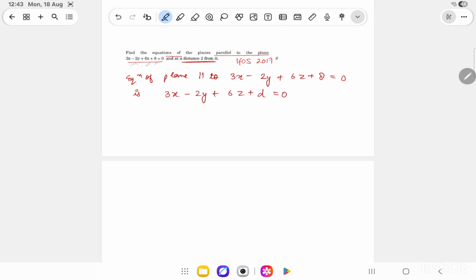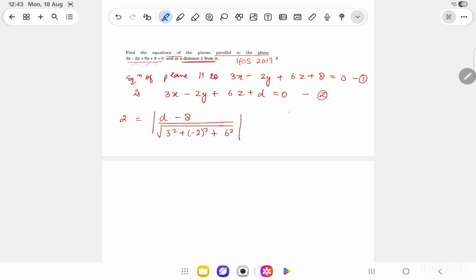It further says that the distance between the equation of plane 1 and plane 2 is 2. So that is 2 equals |d minus 8| upon under root 3 square plus minus 2 square plus 6 square.